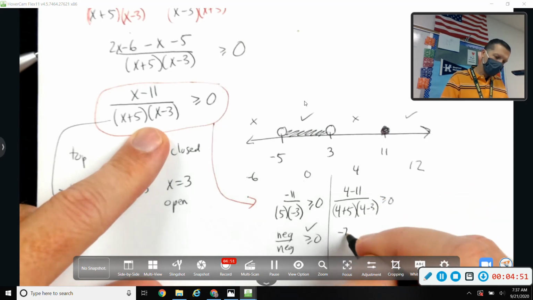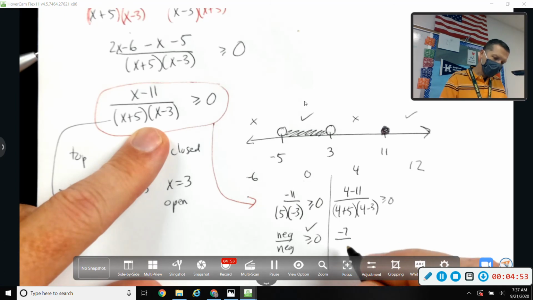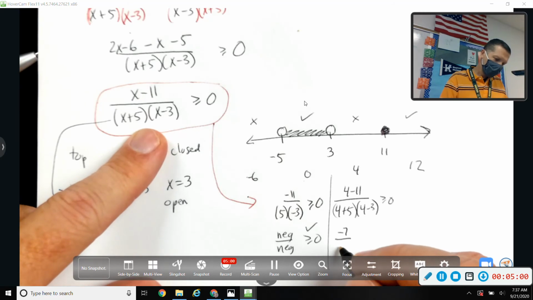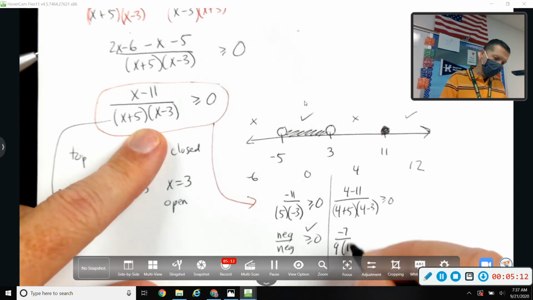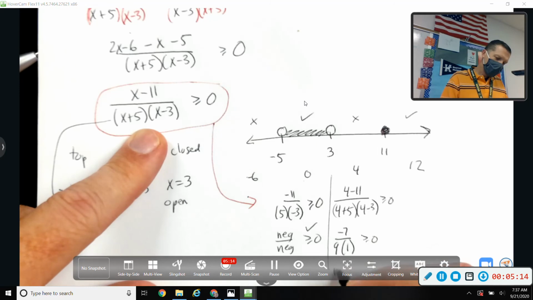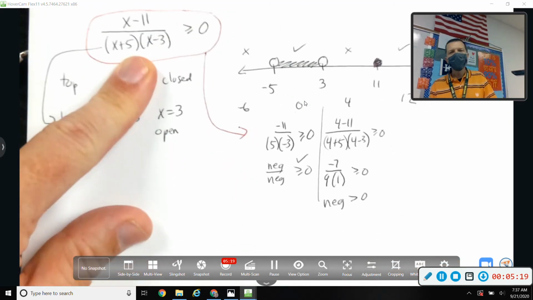So negative 7 over... Why is this not working for me? Oh yeah, it is. 4 plus 5 is 9, 4 minus 3 is 1. So negative greater than 0, no, that's not true. Like we thought it wouldn't be true.